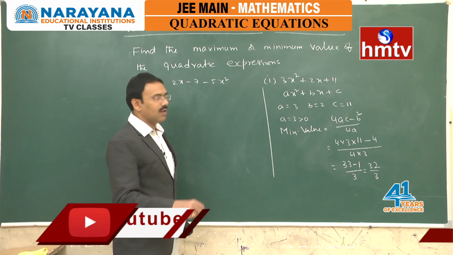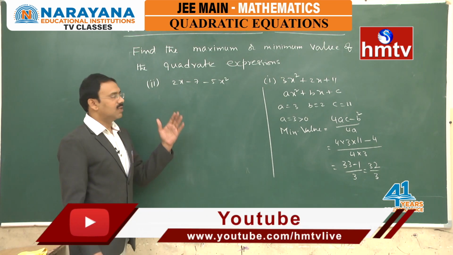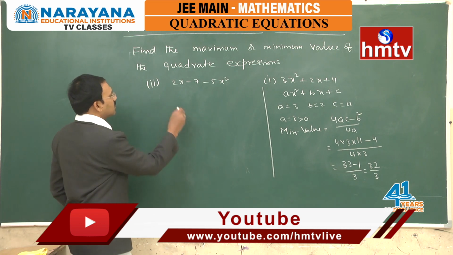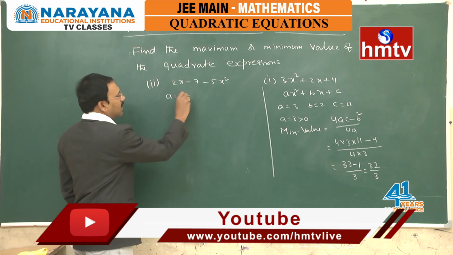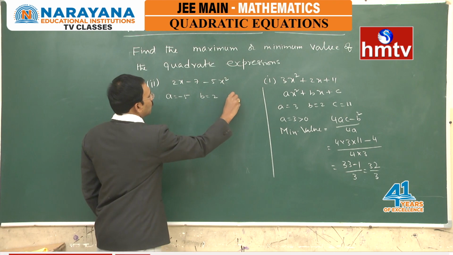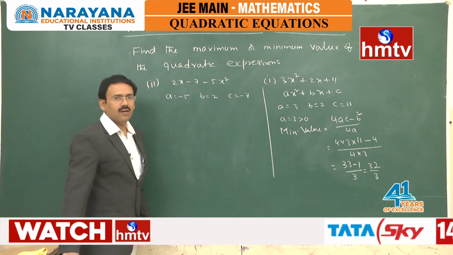In the same way, come to this expression. Here also it is a quadratic expression where a is minus 5, b is 2, c is minus 7.